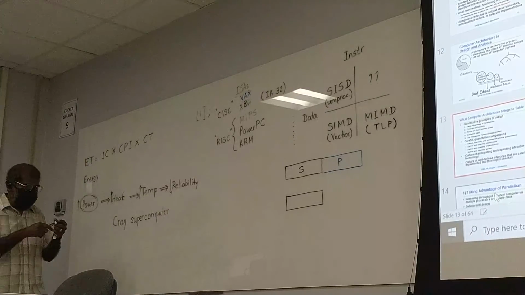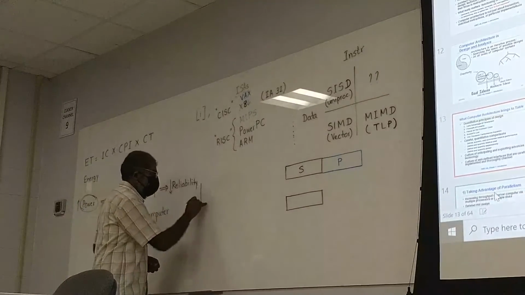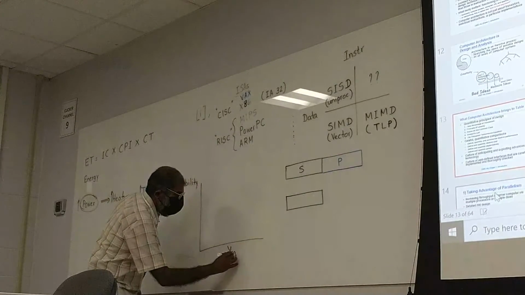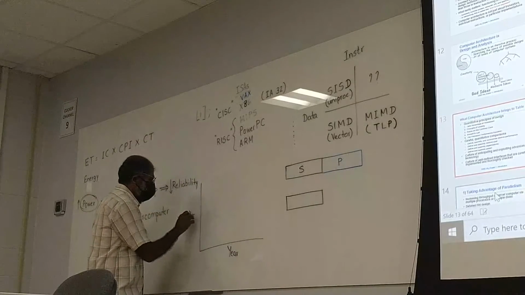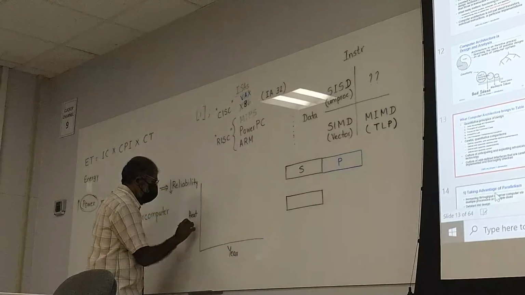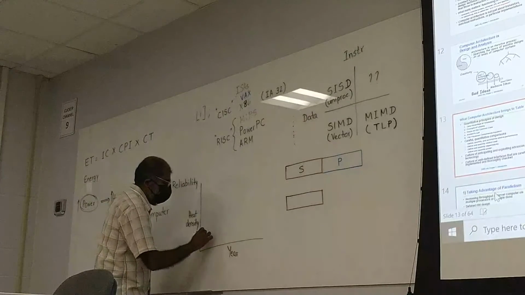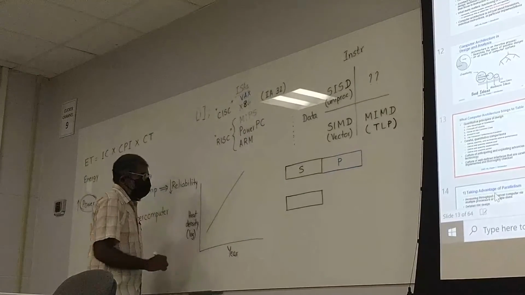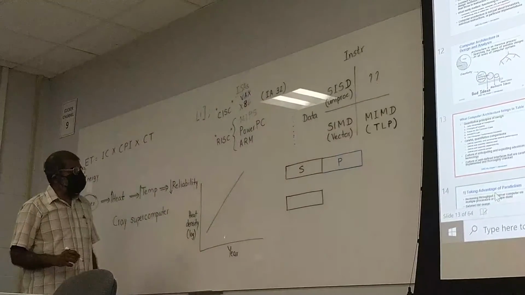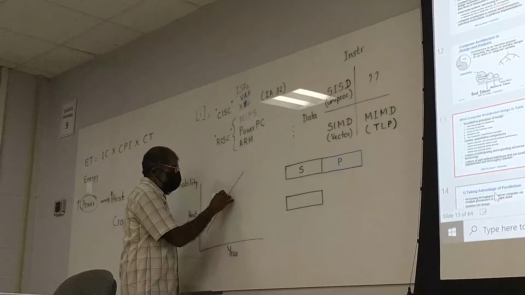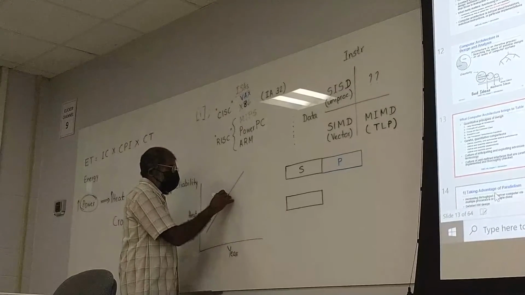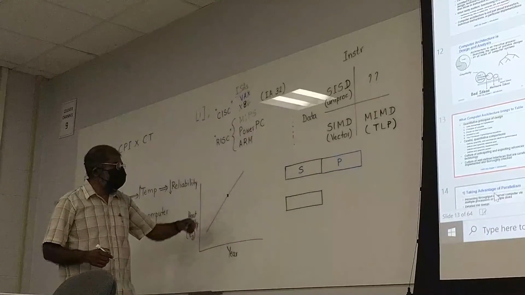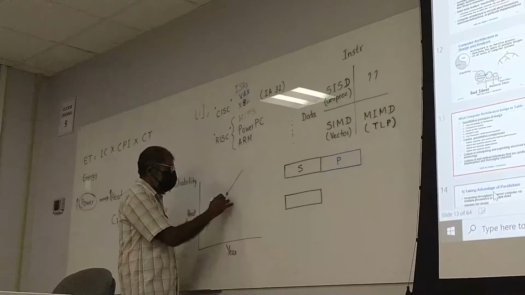And I remember seeing some graph of year versus heat density in processor chips, going up exponentially. This is log scale. And many years ago, the heat density became more than that of the cooking range.